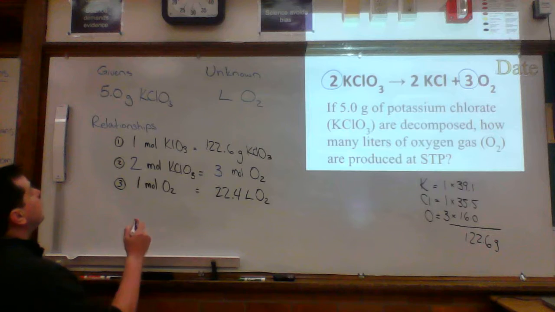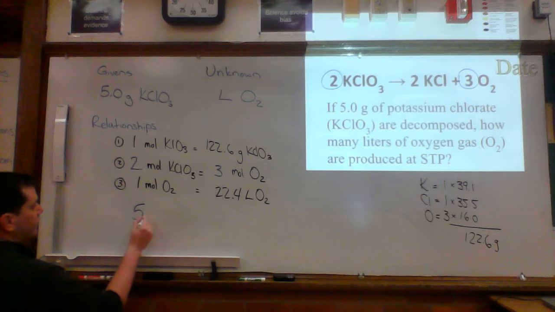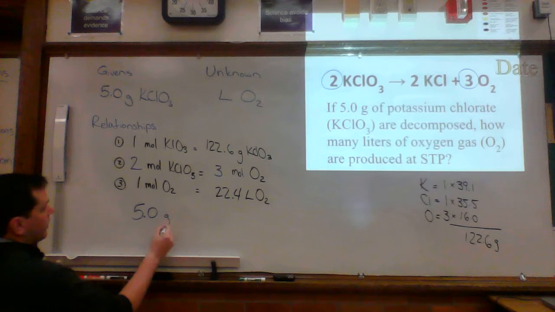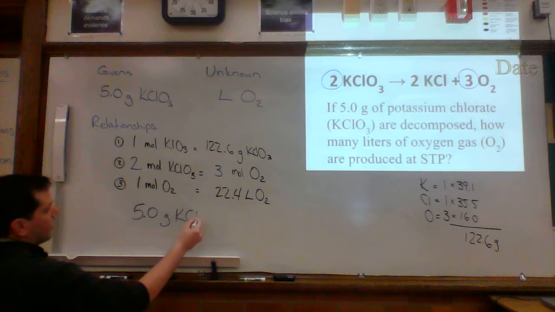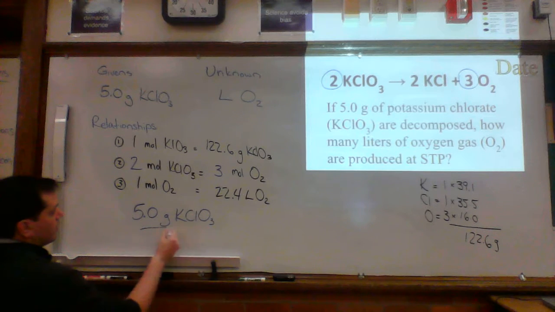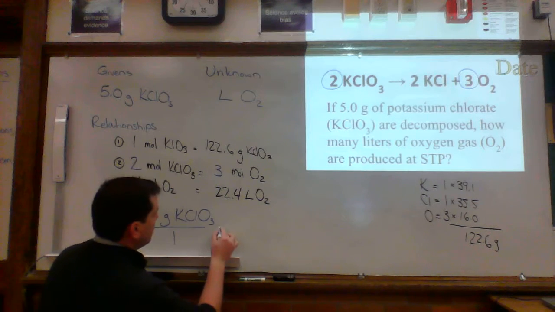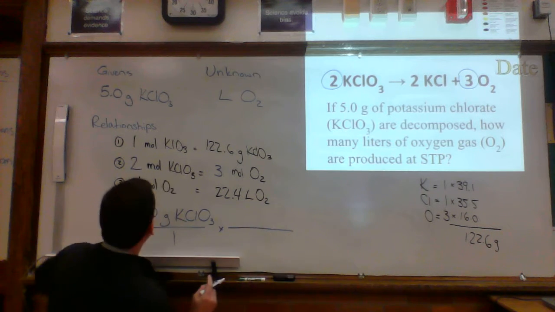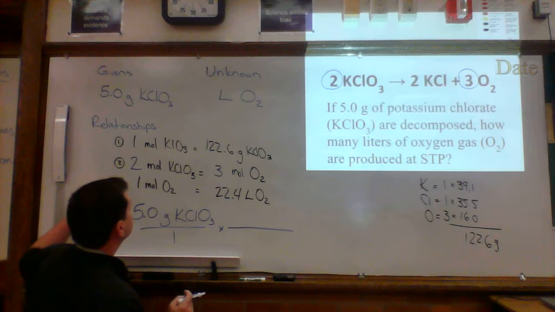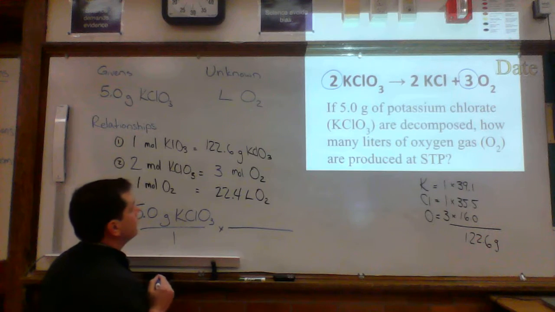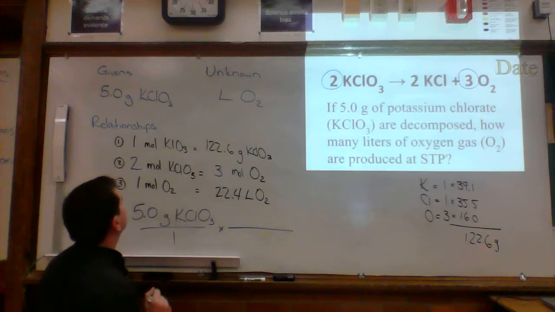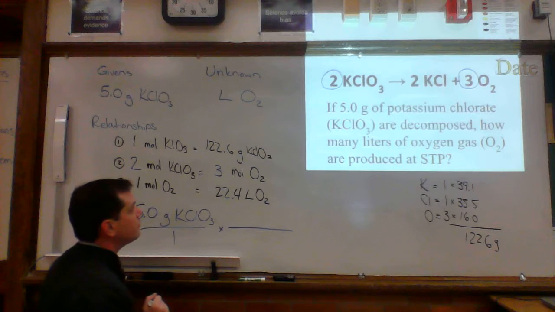Here we go. I have one fraction for my given, 5.0 grams KClO3. That's my given. Next, I'm going to have a fraction for each one of these 3 relationships. So, first relationship, which one goes on the top, which one goes on the bottom?